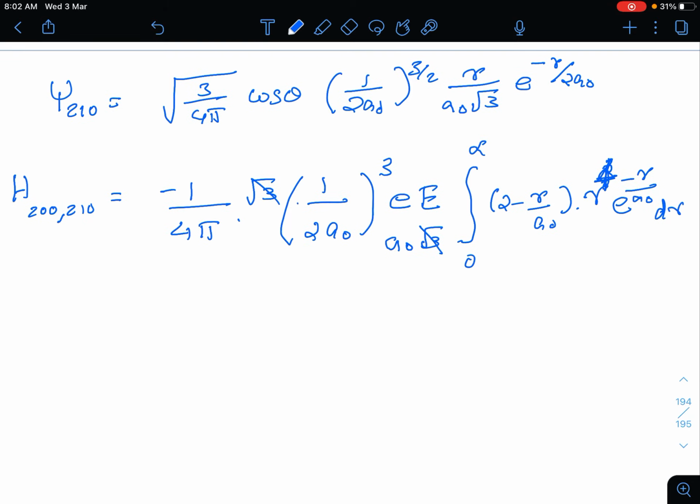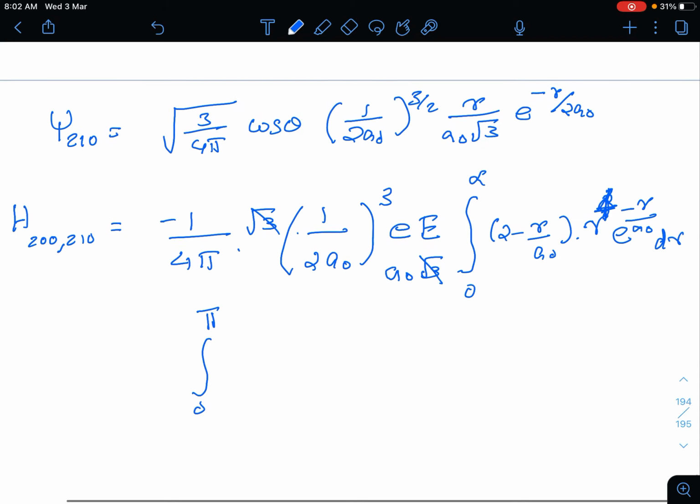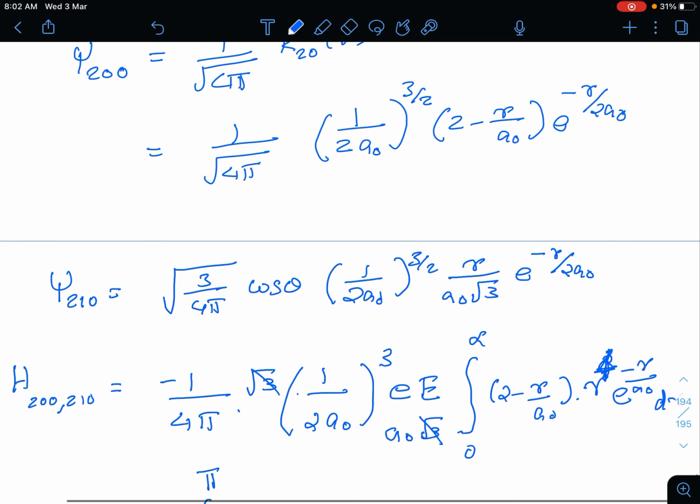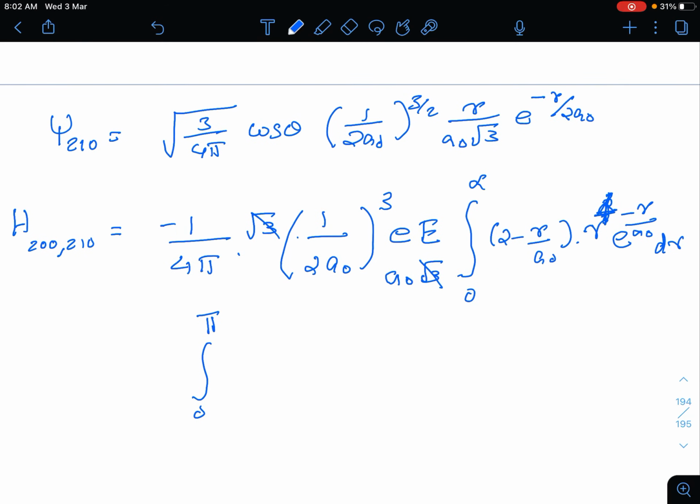Then we have integral 0 to pi. There are no terms for theta here, then you have a cos theta, so cos square theta, then sin theta d theta.